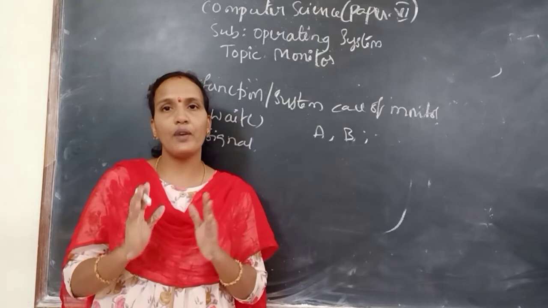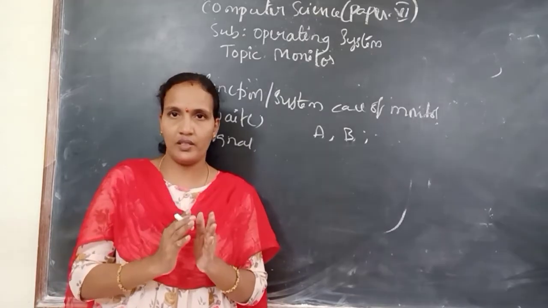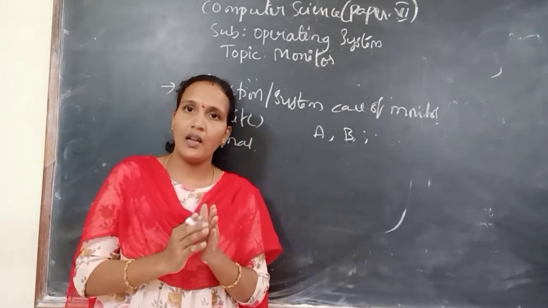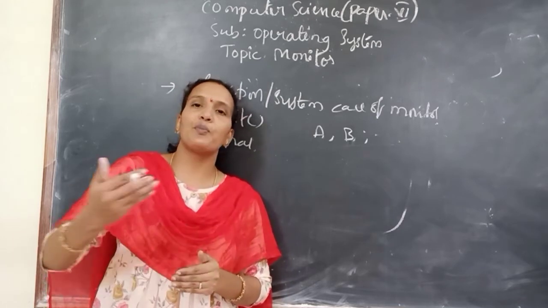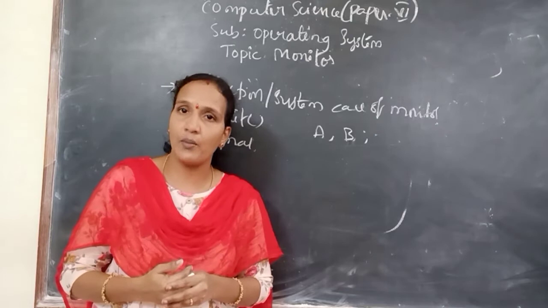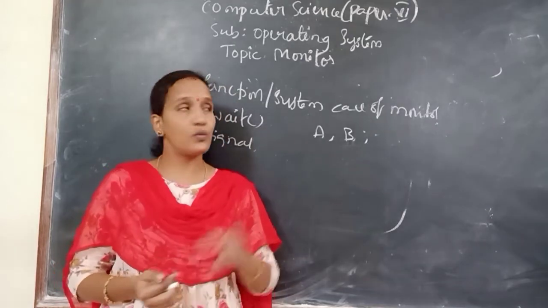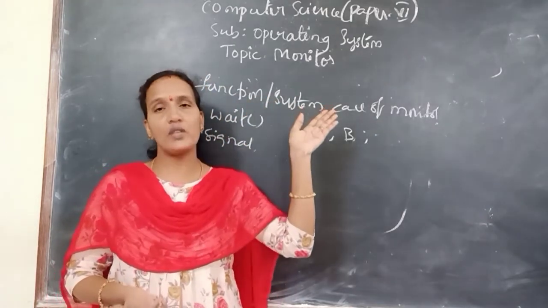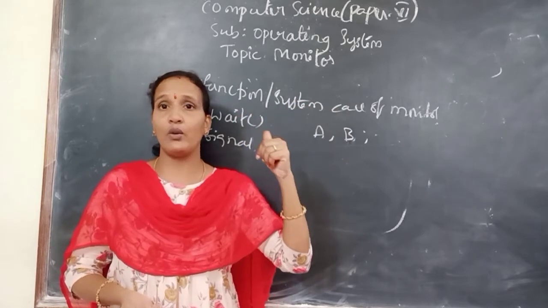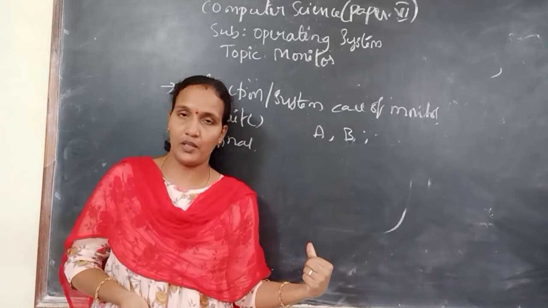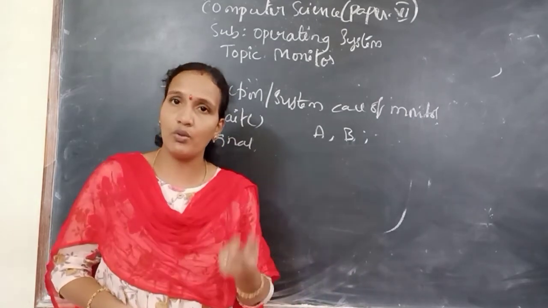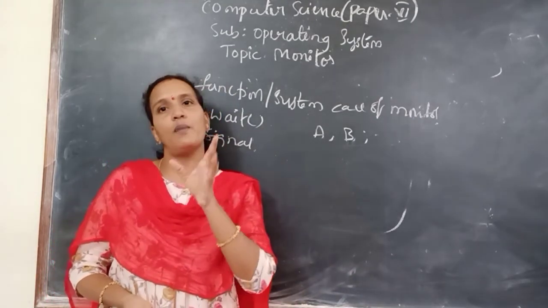Means only one process should be in a monitor, and whichever process wants to execute the same blocks, same resources, that process should wait outside the monitor. And one more point is whatever processes are there outside the monitor, that process cannot use the shared resources and cannot use the local variables, but that process can use the procedures of the monitor.